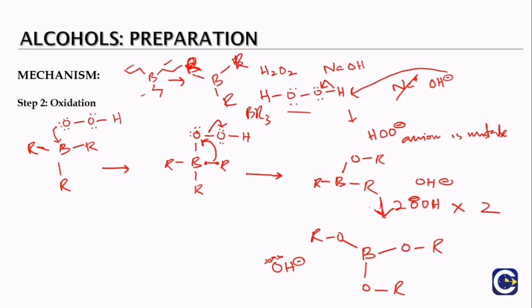Now this OH is in the reaction, and it's very reactive also. It's again going to attack the boron, because the boron has an empty p orbital. If you look at this, it has three bonds and an empty p orbital.